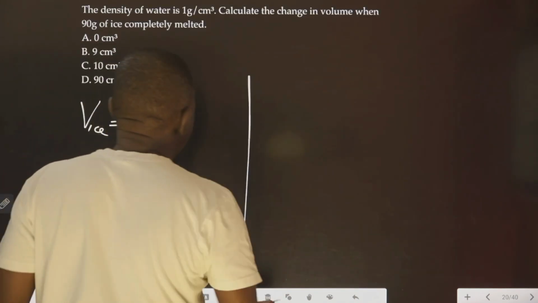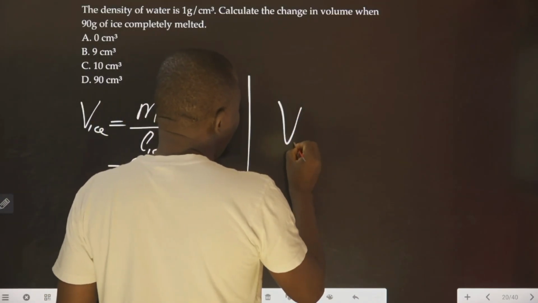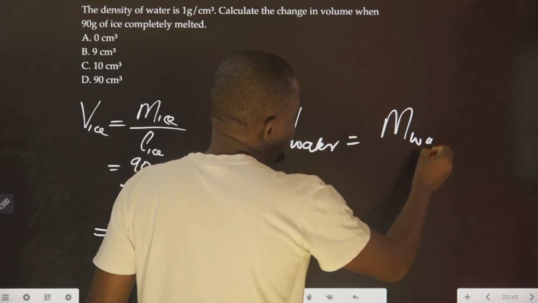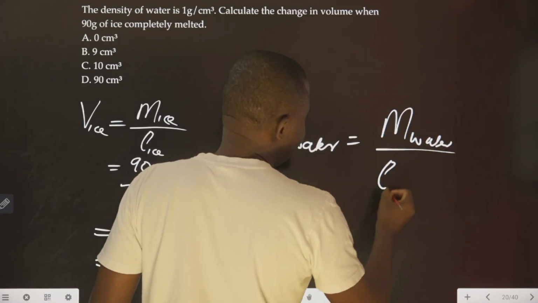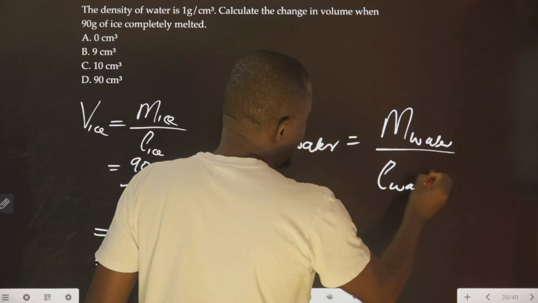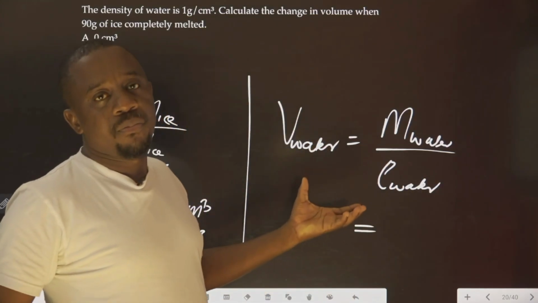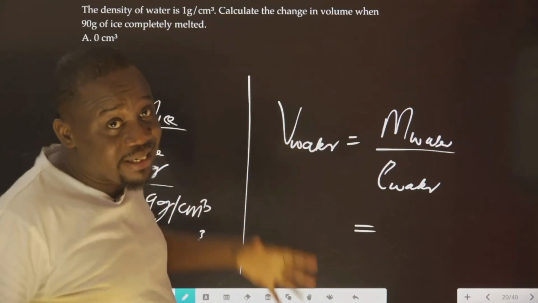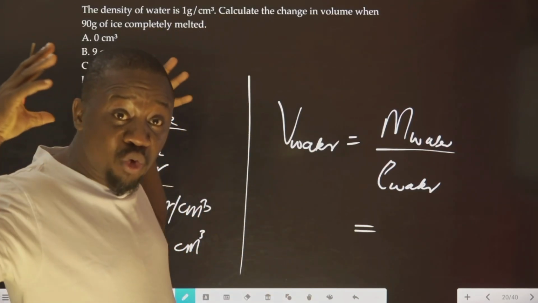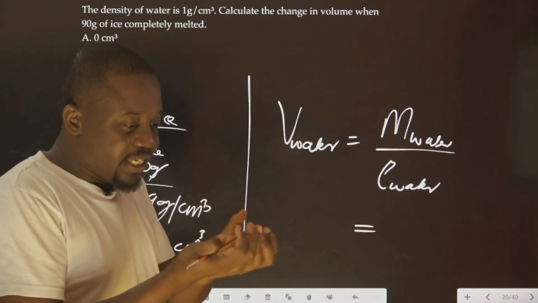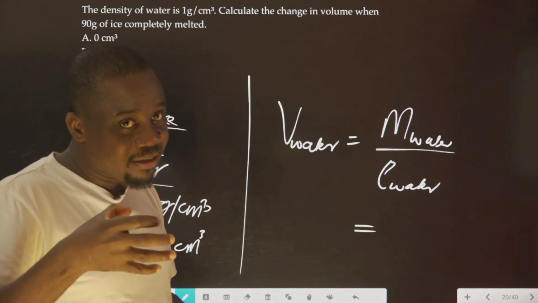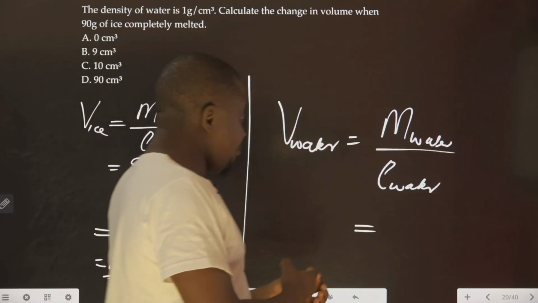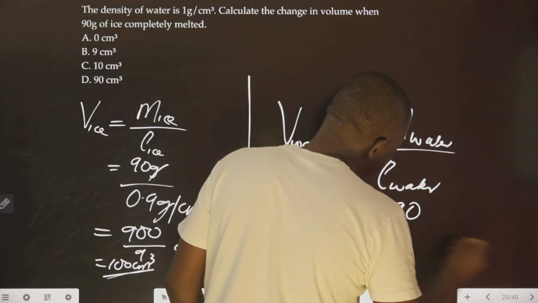Then we go for the water now. The same thing for the water. The volume of water is equal to the mass of the water all over the density of water. Now, remember it is the ice, the same ice that was melted. It means we are still looking at the same mass. This is the ice melted. So it's the quantity of ice that was turned to water. So therefore, it's still 90 grams.